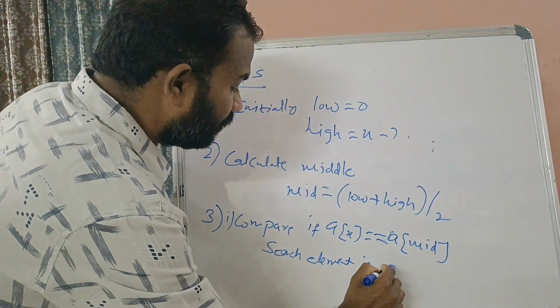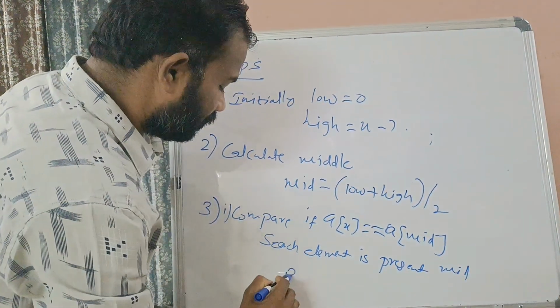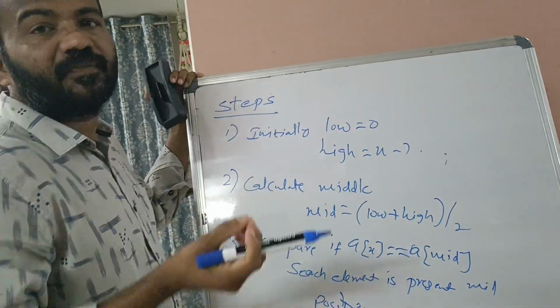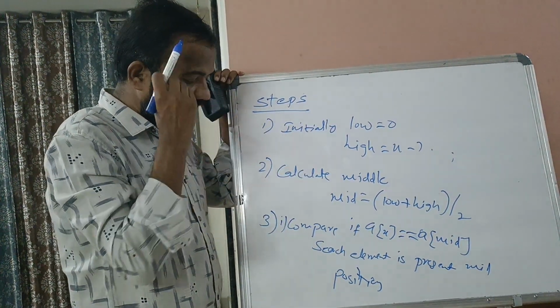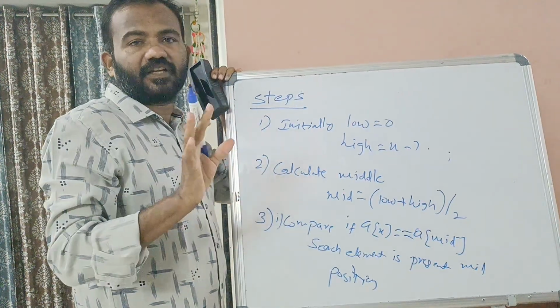What is the meaning of that? The middle element and the search element, which we are simply taking as x: x is equal to the middle element. Then the searching is completed.